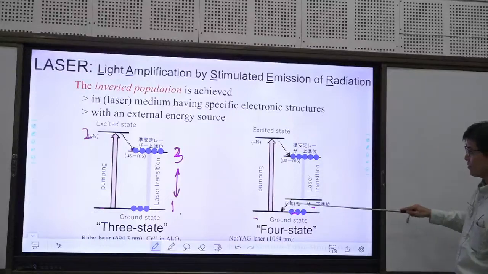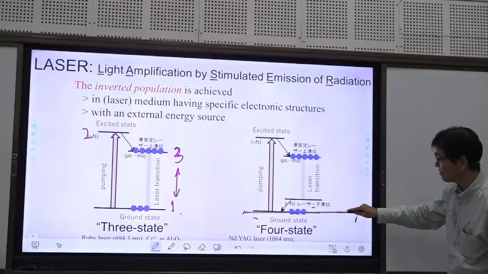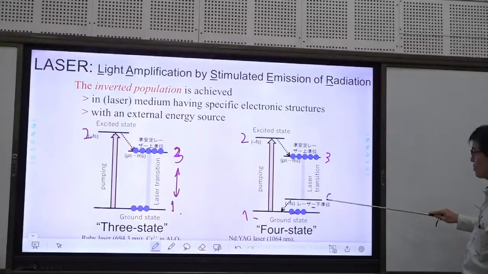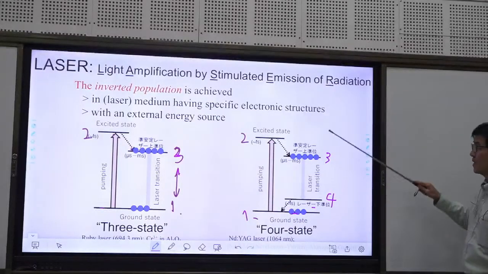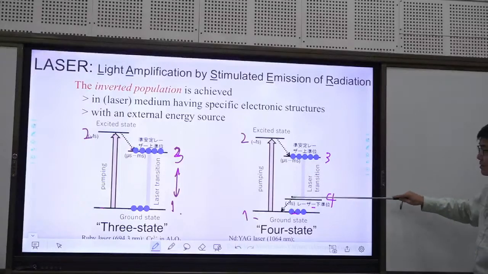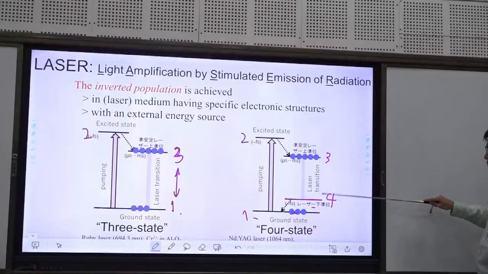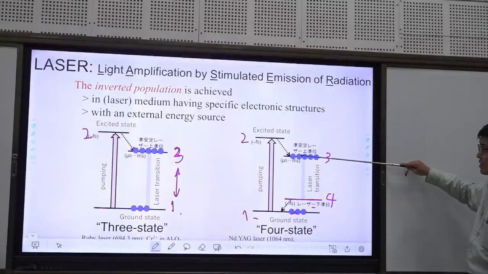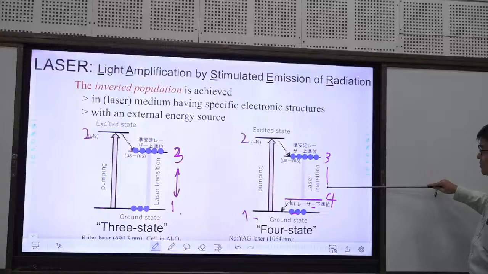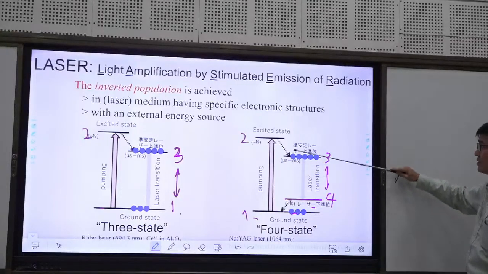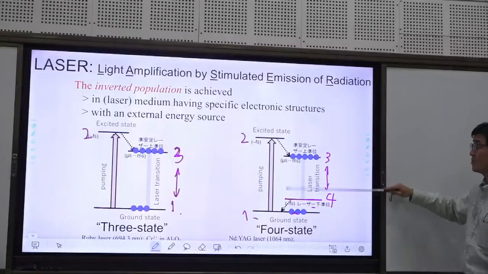In the case of 4-state laser: first, second, third, fourth. In this case, the population of the lower state is 0, and laser emission occurs between the 3rd and 4th state. So more efficient amplification is possible.